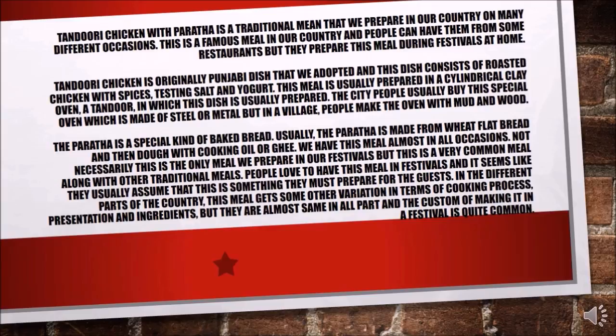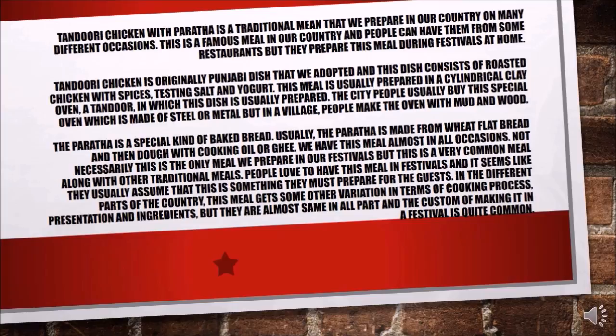This is a famous meal in our country and people can have it from some restaurants, but they prepare this meal during festivals at home. Tandoori chicken is originally a Punjabi dish that we adopted, and this dish consists of roasted chicken with spices, testing salt, and this meal is usually prepared in a cylindrical clay oven, a tandoor, in which this dish is usually prepared.